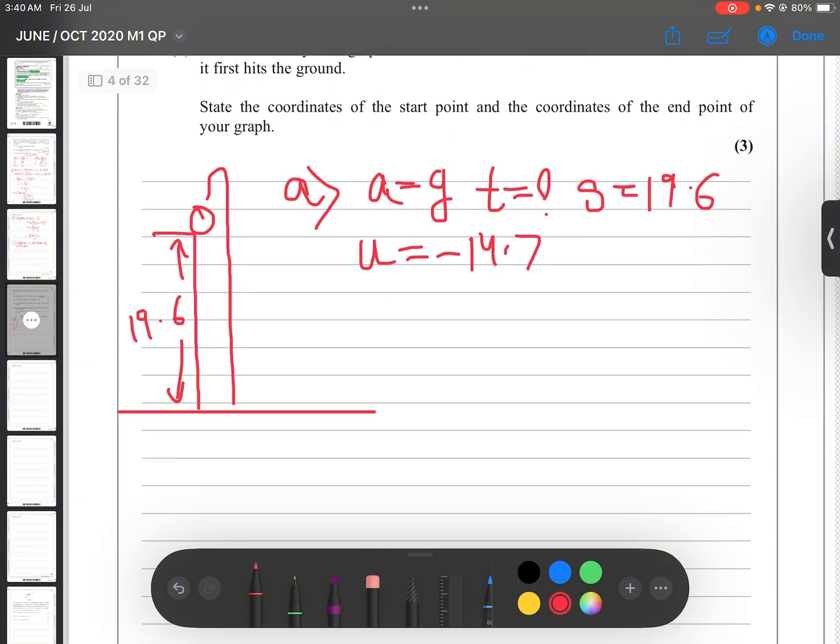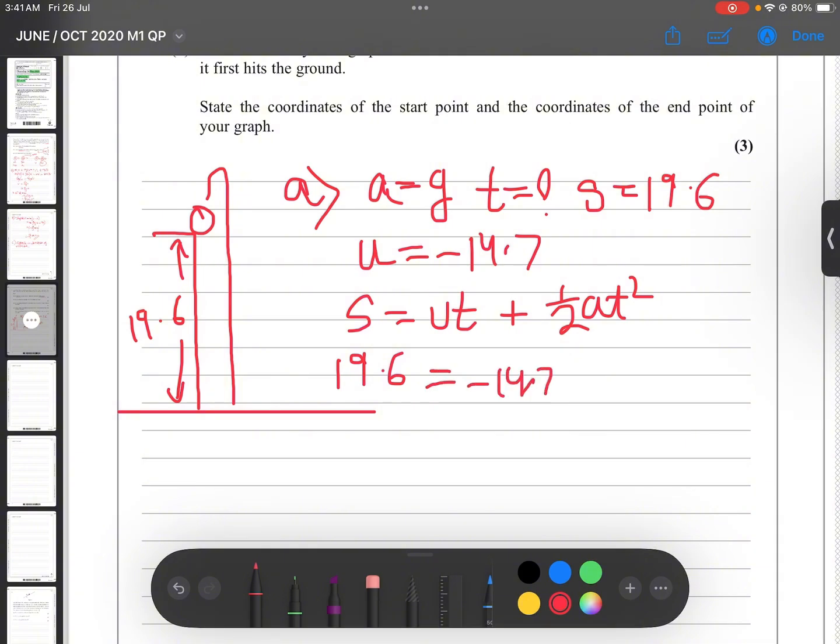And now we are going to use the SUVAT equation. S equals ut plus half at squared. S is 19.6. My velocity is minus 14.7 t plus half g, where g is equal to 9.8, and t squared.